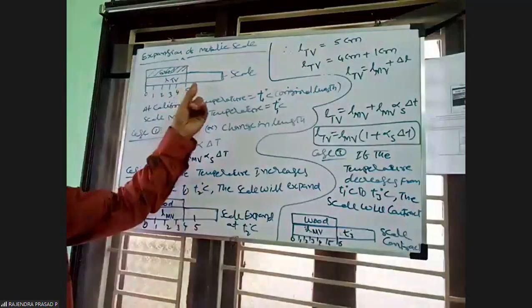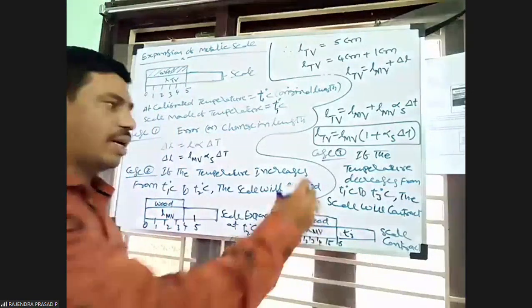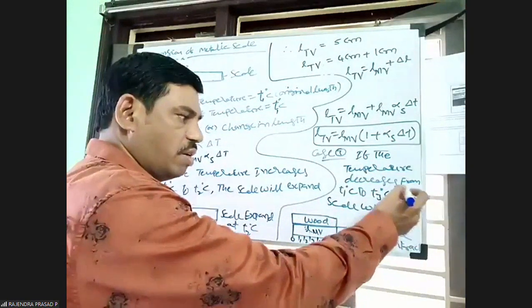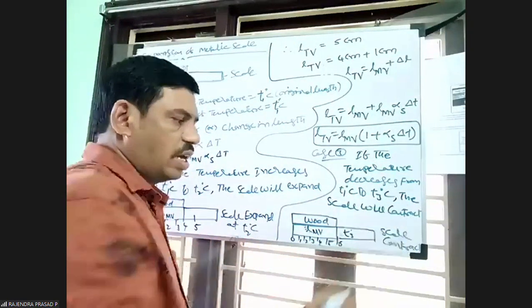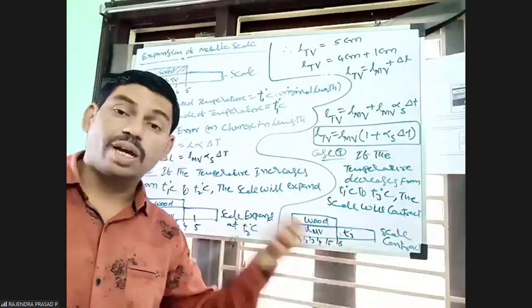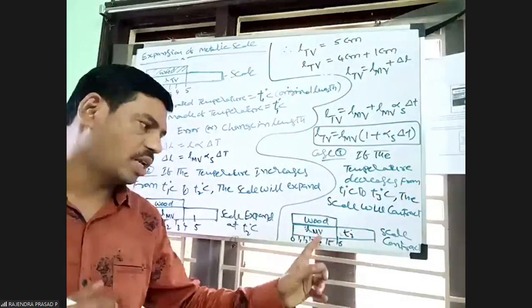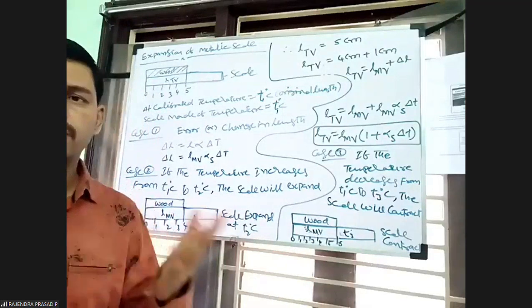T1 is the initial, original temperature. If the temperature decreases from T1 to T3, the scale will contract. Contracts means it shows increasing length of the wood. For example, 6 centimeter.